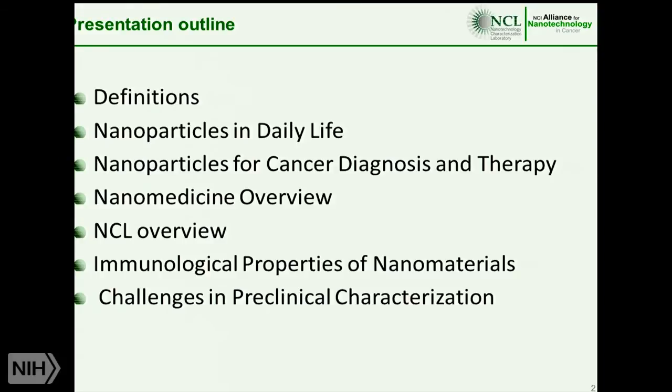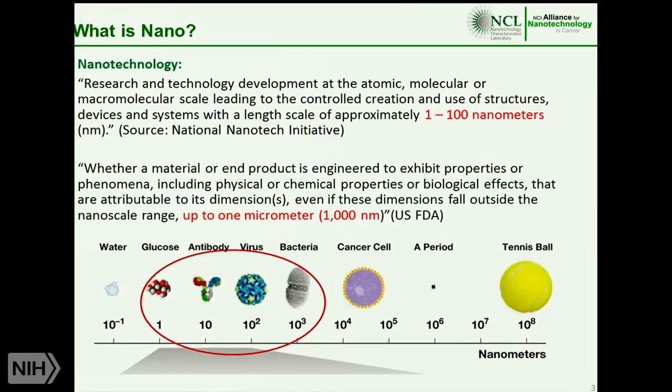I will tell you about the lab which I am representing here, the Nanotechnology Characterization Lab, or NCL. And then we will talk about immunological properties of nanomaterials. We'll see examples in the case studies of how nanoparticle physicochemical properties determine their interaction with components of the immune system. And I will also review some case studies to show you the challenges with preclinical characterization of these materials.